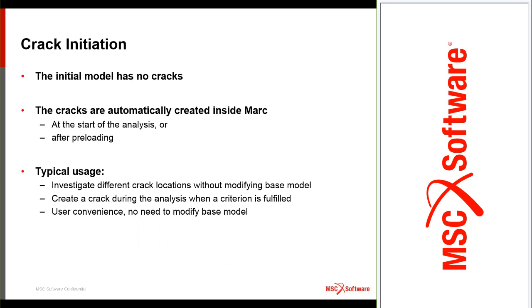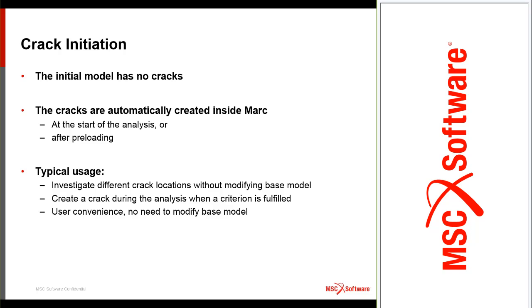Moving on to crack initiation, you can always create your model such that it has a crack in it. When you start in the pre-processor, you can model the crack if you want, but this allows you to have a model which doesn't have a crack at all from the preprocessor.